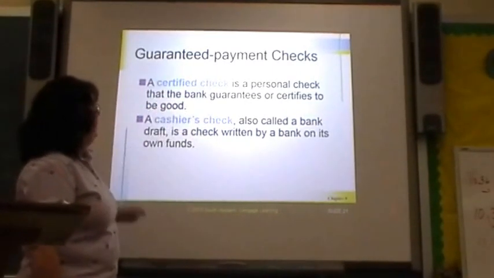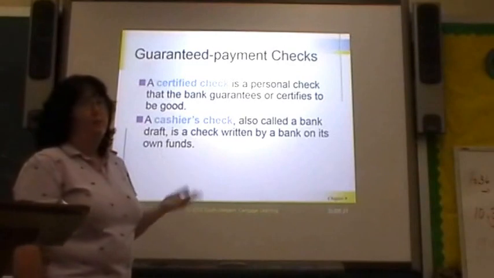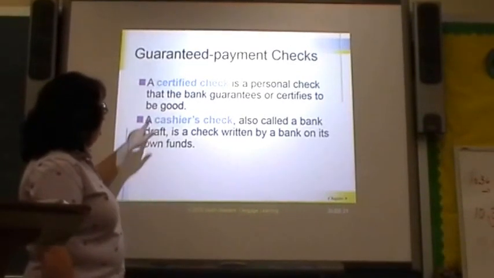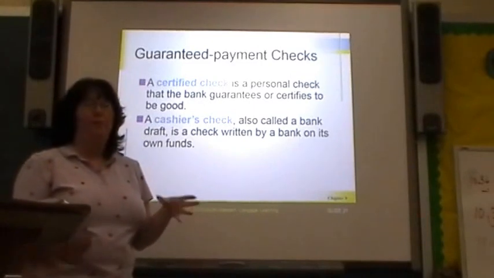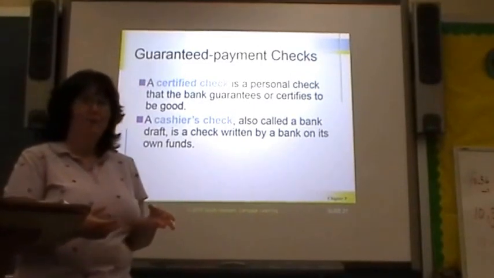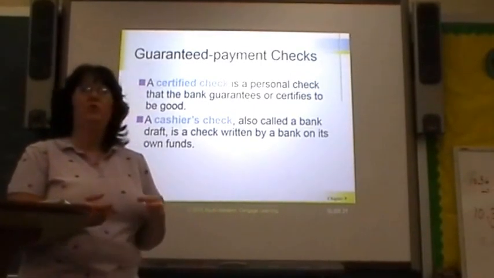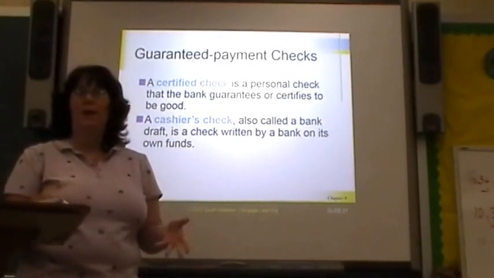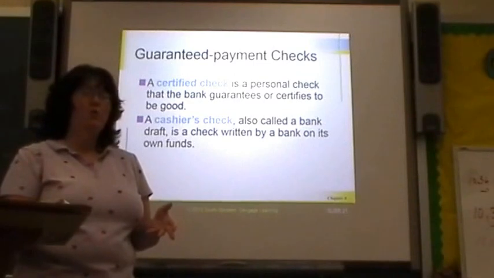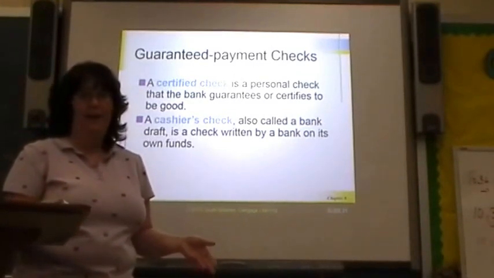Guaranteed payment checks. A certified check is one that you get from the bank. It's a personal check that the bank guarantees is certified to be good. So before they make a certified check out to you, they will check your account balance. So suppose you guys are getting your first car and you're paying half and your parents are paying half.